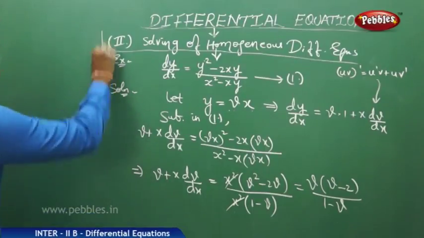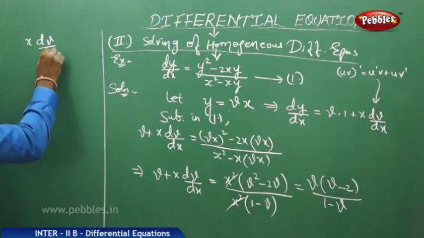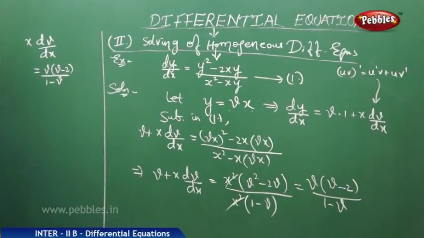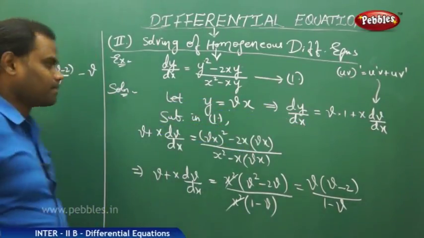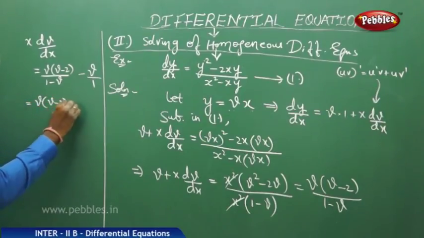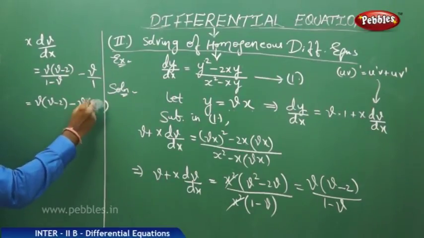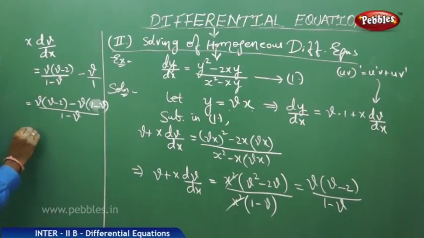Therefore, taking this to the right, x dv by dx is equal to v times of v minus 2 by 1 minus v, minus v, which is what we get when we bring plus v to the right. And taking LCM, we get v times of v minus 2 minus v times 1 minus v by 1 minus v.